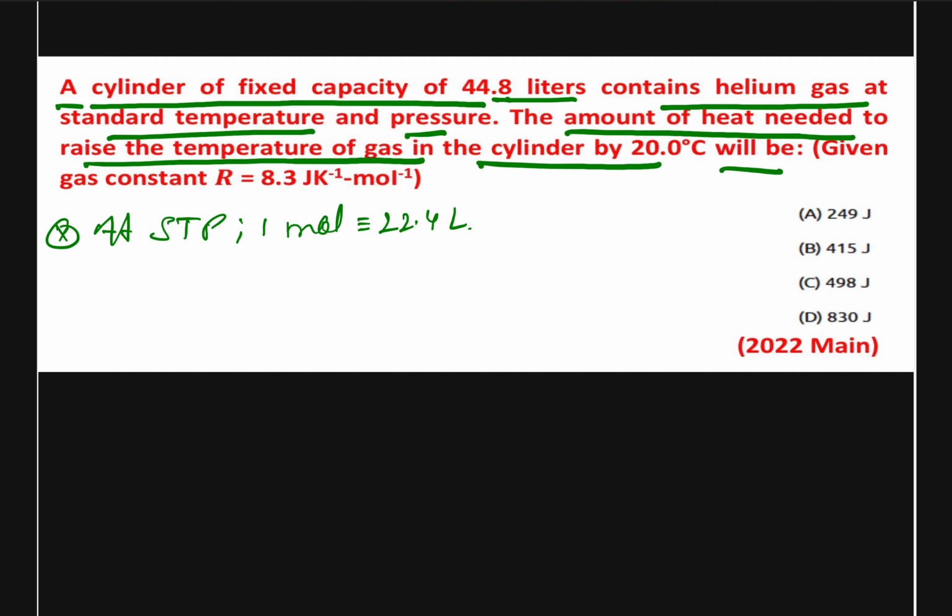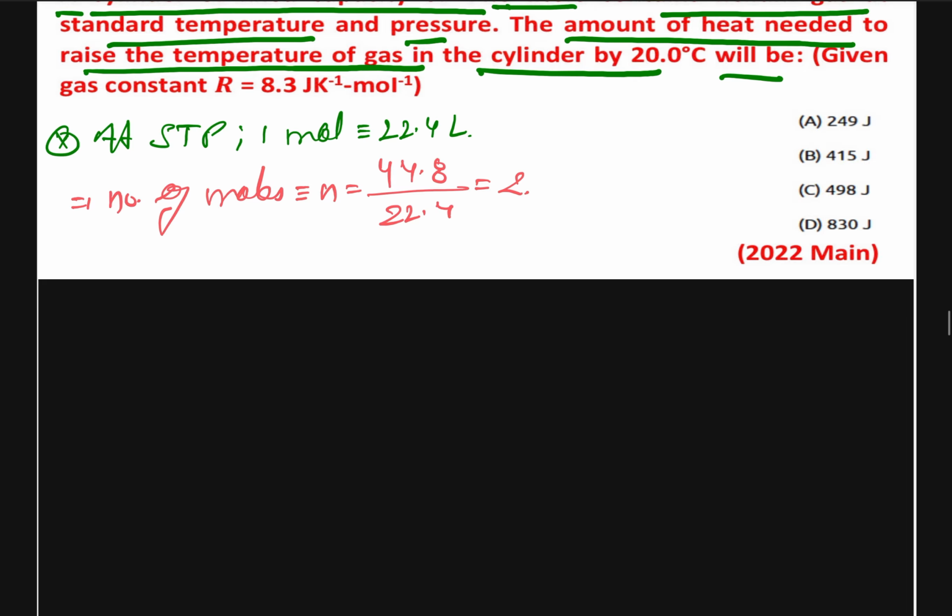We can say that number of moles, n, will be equal to given capacity 44.8 divided by standard capacity 22.4, and this gives us 2. And we have our helium, which is monatomic.